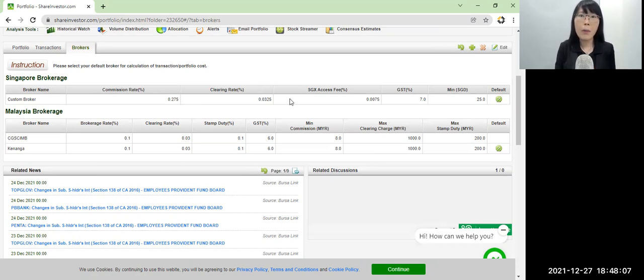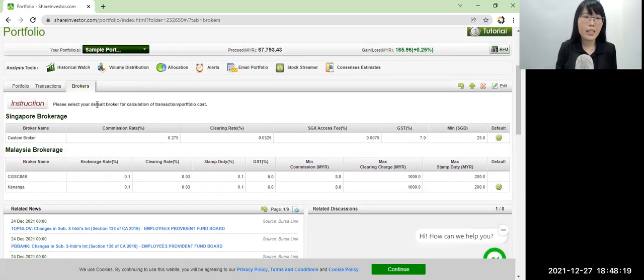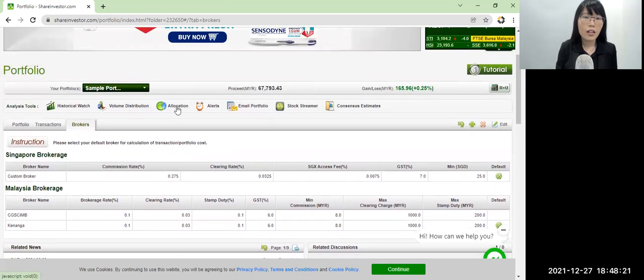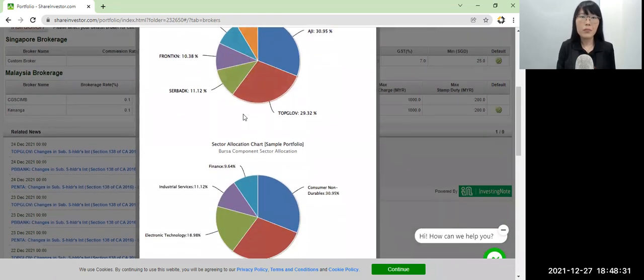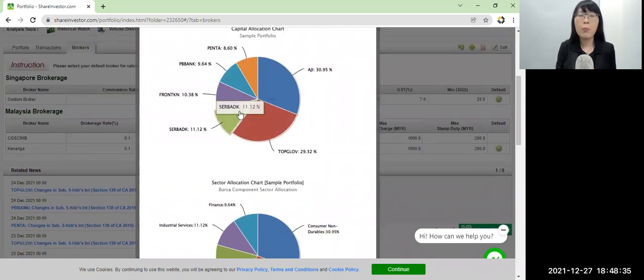So when you want to buy or sell a stock, the system will calculate for you the commission that you need to pay. You also can see the next one, allocation. When you click on the allocation, it will tell you what sector you are in, so you can know the sector weightage of your portfolio.